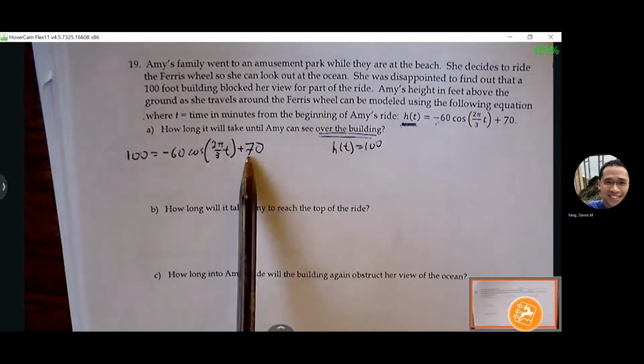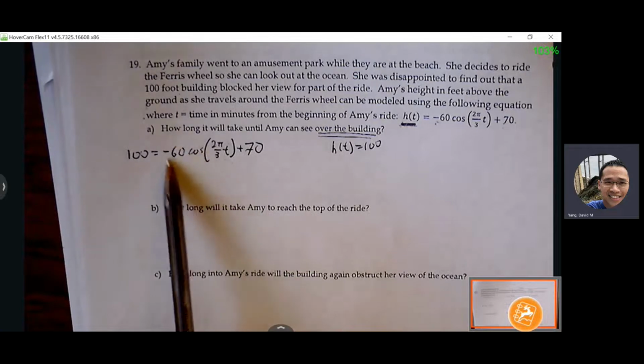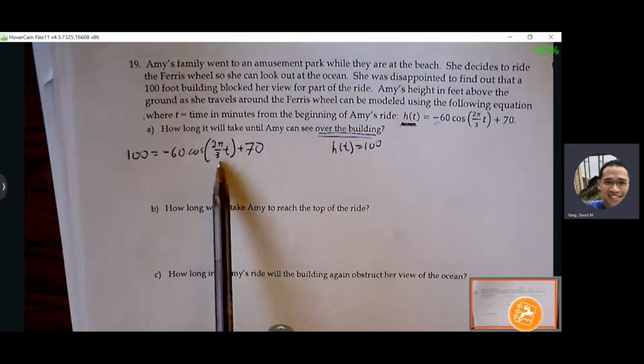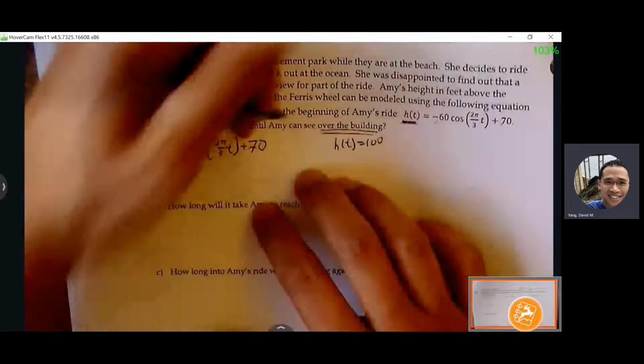Subtract 70, right? And then we can divide by negative 60, and then we can talk about what to do with this cosine. Okay, so subtract 70.